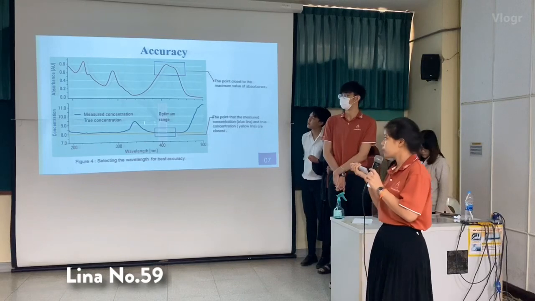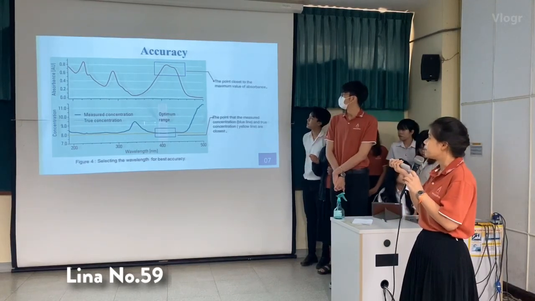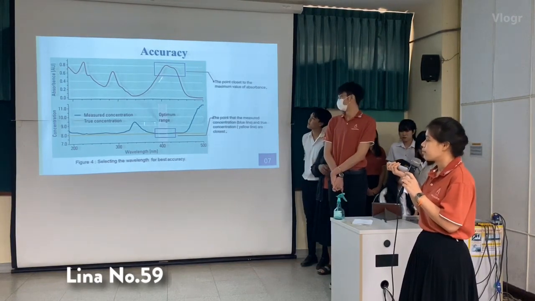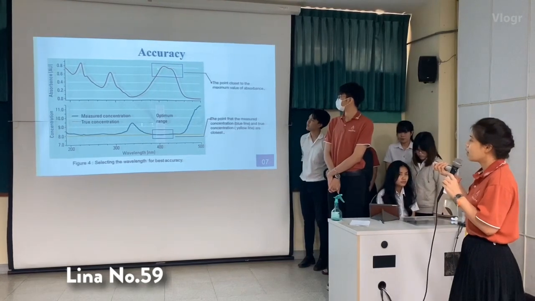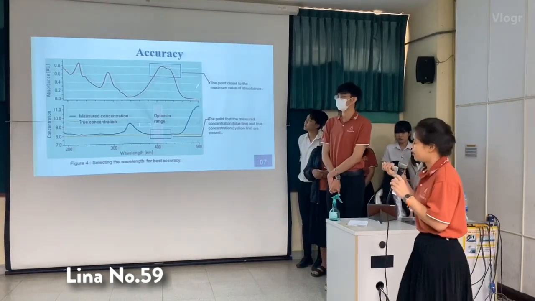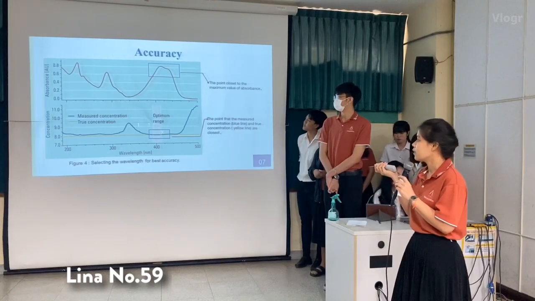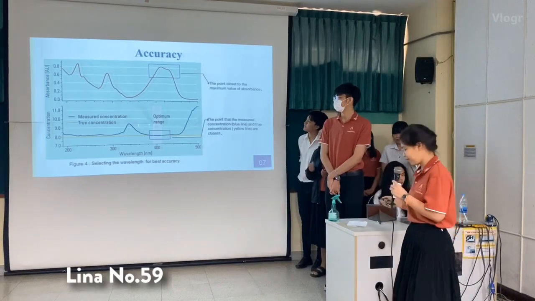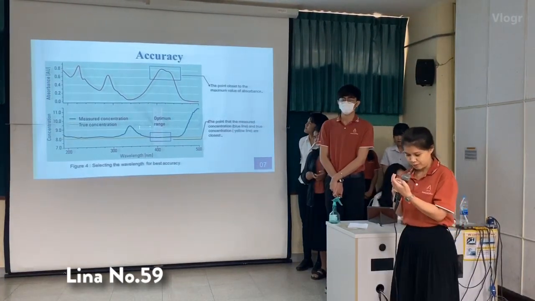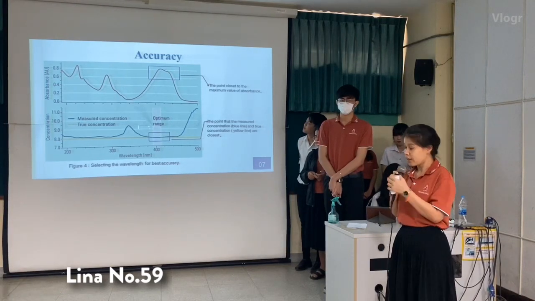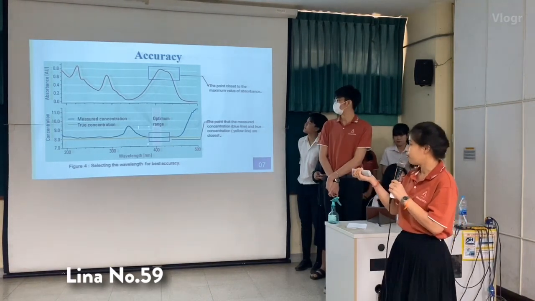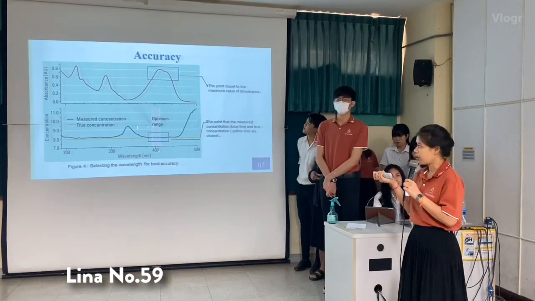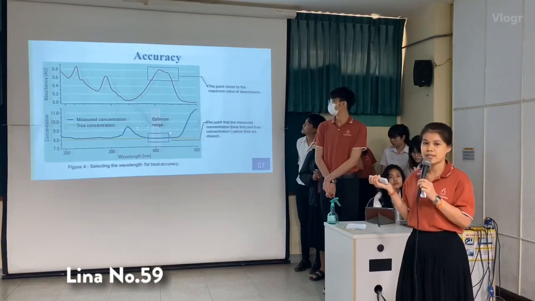So we need to select the maximum value of concentration, where the measured concentration is closest to the true value, which is at a wavelength around 400 nanometers. Therefore, we need to select this point because it gives the best accuracy.